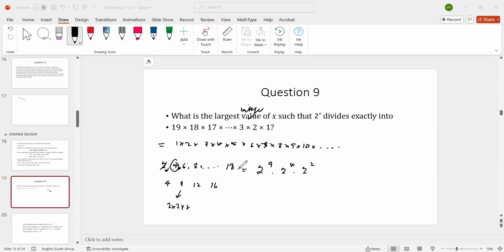The multiples of 4 are 4, 8, 12, 16. That contributes another 4. And the 8 and 16 itself has got more twos in it, so we must include the 16 as well.